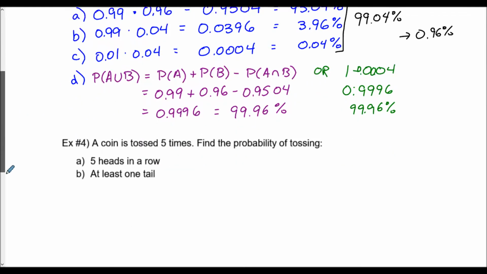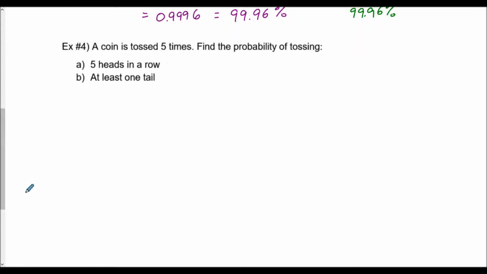Right. A coin is tossed 5 times. Find the probability of tossing 5 heads in a row. So you go flip. What's the chance of the first one being a head? 1 out of 2. What's the probability of the second one being a head? 1 out of 2.